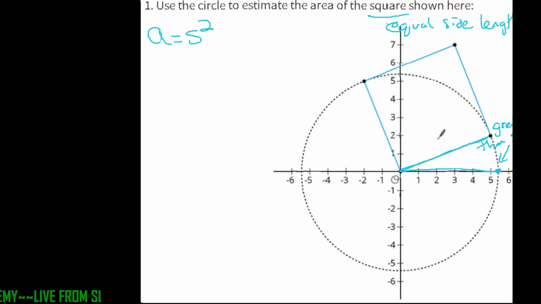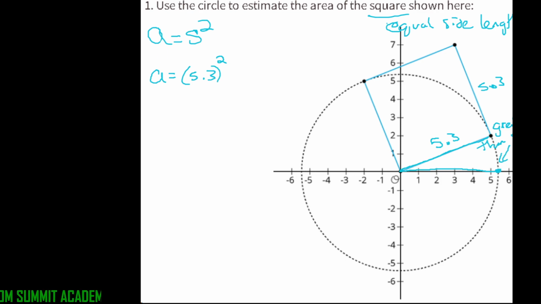So I can say, if this is about 5.3, that means that this side length is also 5.3, since it's a square. And so again, this is s squared, not to be confused with the 5. And so I could say the area of that square is going to be 5.3 squared.